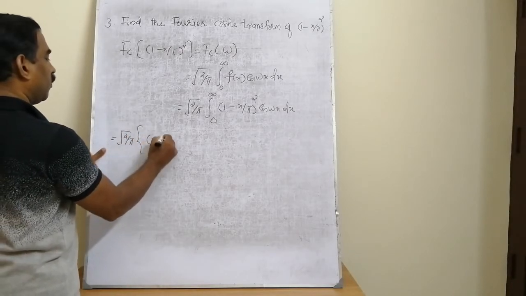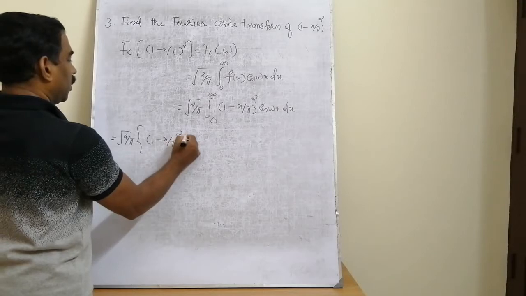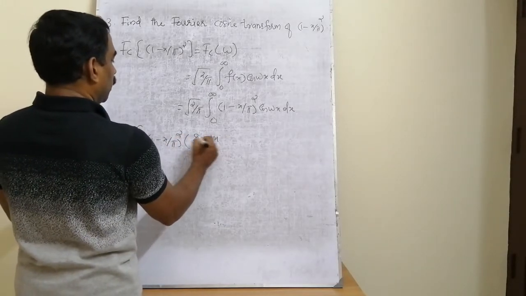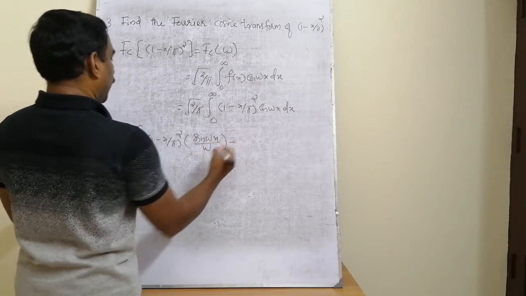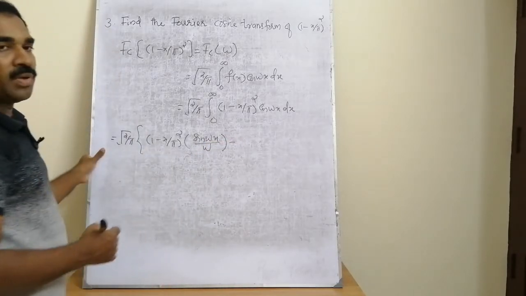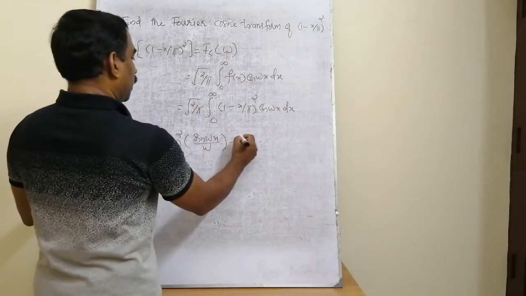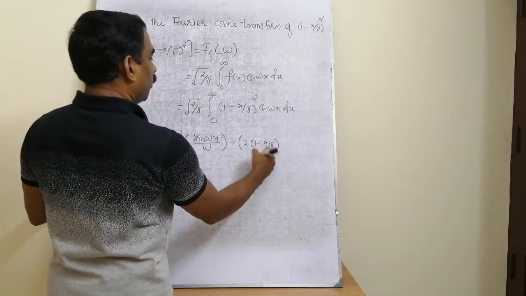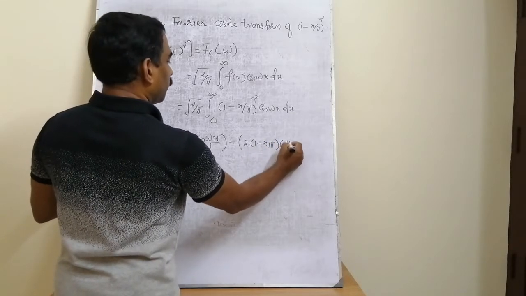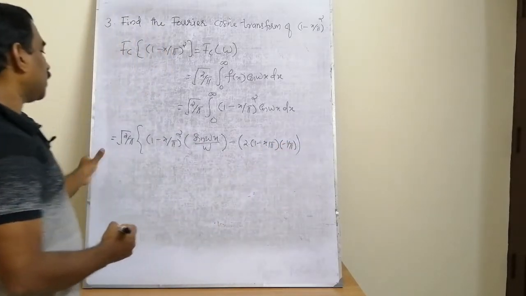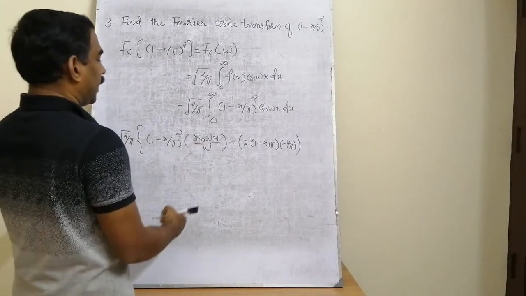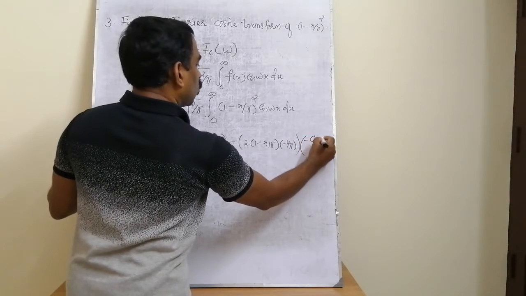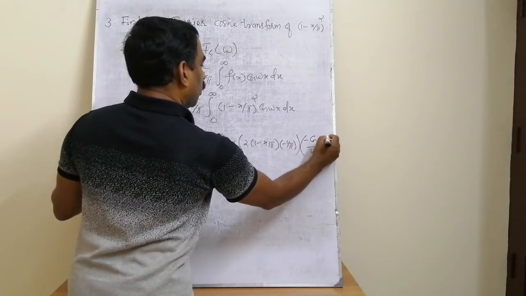So we are directly applying integration by parts, that is equal to square root of 2 by pi. So the first function (1 minus x by pi) the whole square into integral of cos omega x, that is sin omega x divided by omega, minus derivative of this (1 minus x by pi) the whole square. So the derivative is 2 into (1 minus x by pi) into derivative of (1 minus x by pi), which is minus 1 by pi. So this is the derivative of the first function into integral of sin omega x by omega, that is integral of sin omega x, minus cos omega x divided by omega square.